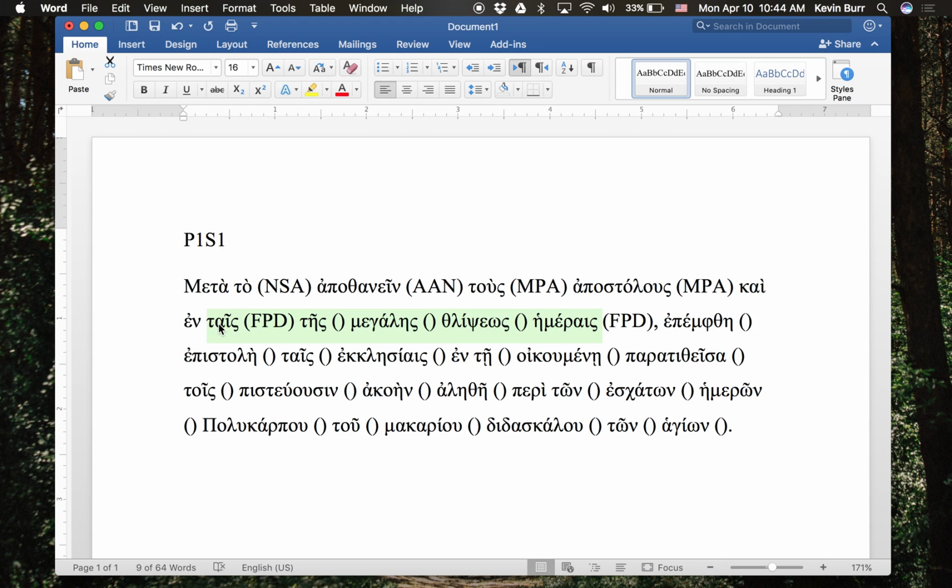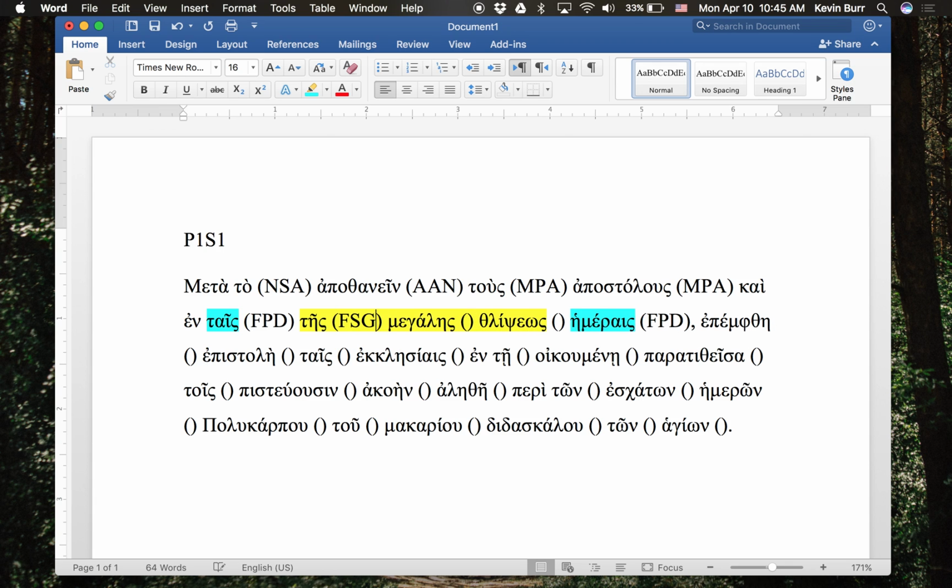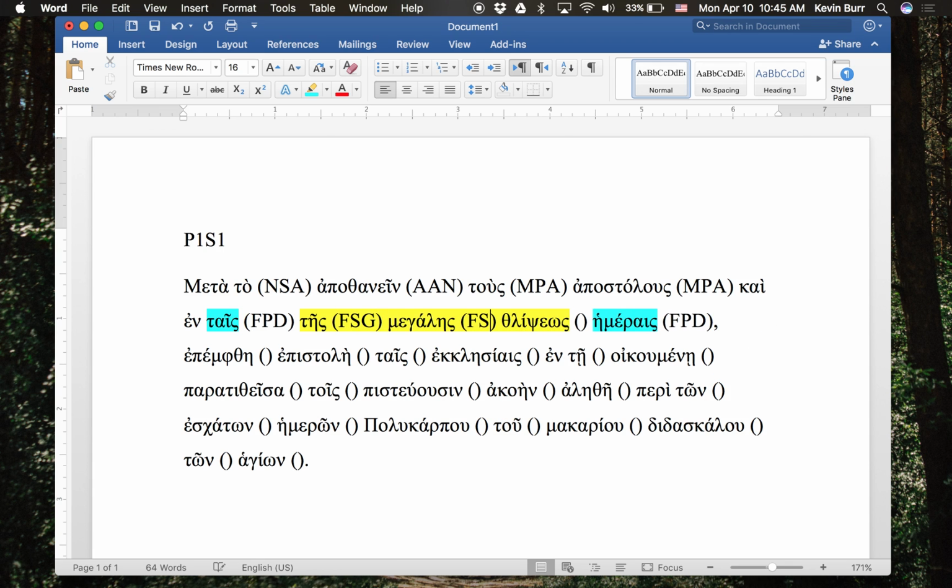So basically, tes megales thlipseos is its own phrase, and then tais hemerais is bookending this phrase. I've highlighted this so it'll be helpful for you to see how it works. These are all feminine singular genitive because they modify each other.